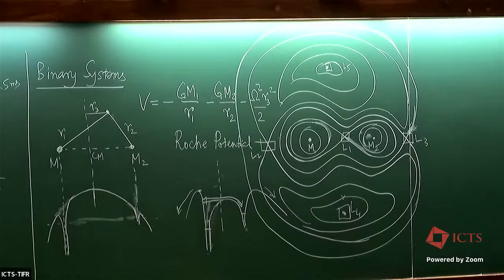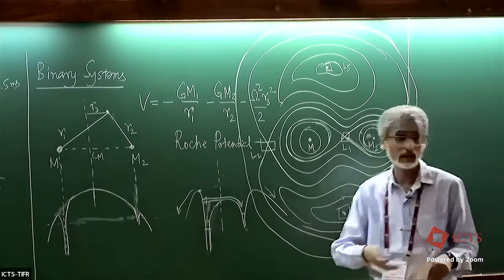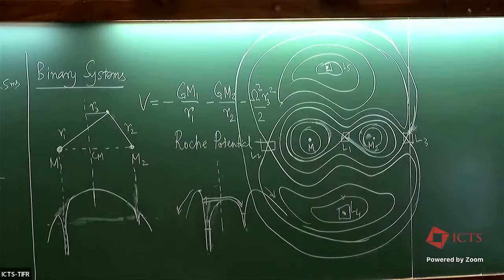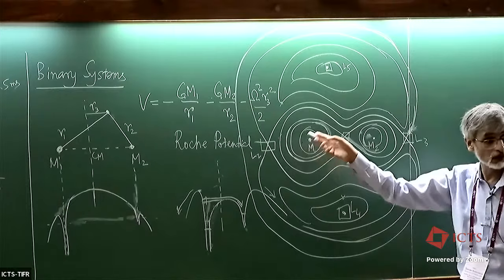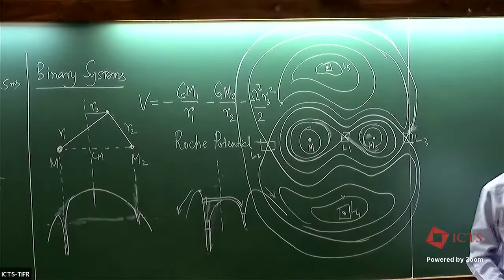Or if it is in a phase where the internal processes are actually making it expand at a rapid rate, then even if you take away some mass, it may continue to expand beyond this. Right? But whichever amount of matter tries to go beyond this is going to be captured by this other star.